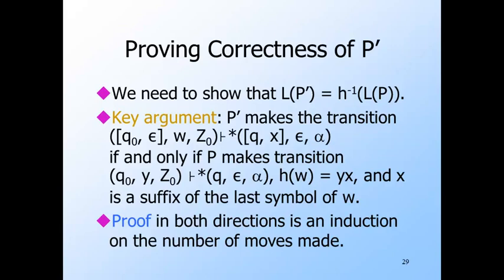The precise statement of P prime simulates P is given in the middle of the slide. It says that P prime goes from its initial ID with input x to some ID with state q, buffer contents x, w consumed from the input, and alpha on its stack, if and only if, first of all, P goes from its initial ID with input y to an ID that has state q, input y consumed, and alpha on its stack.